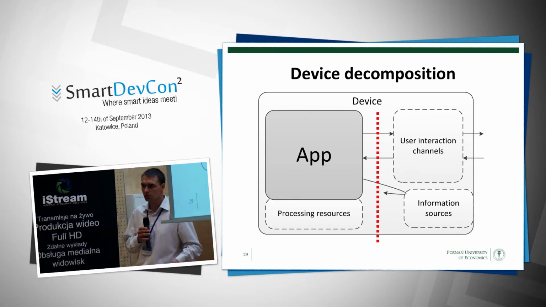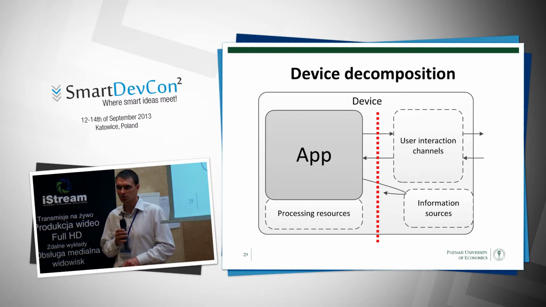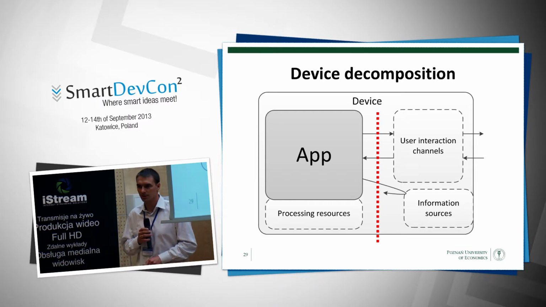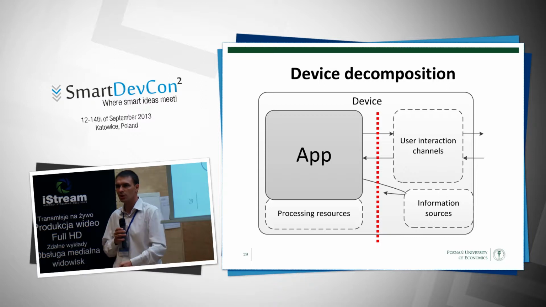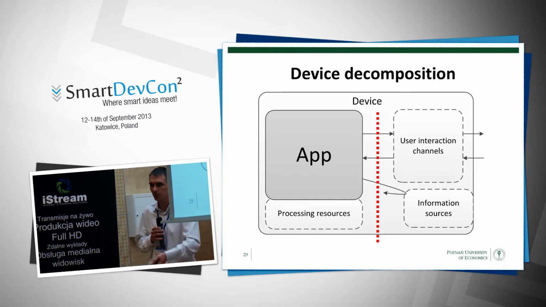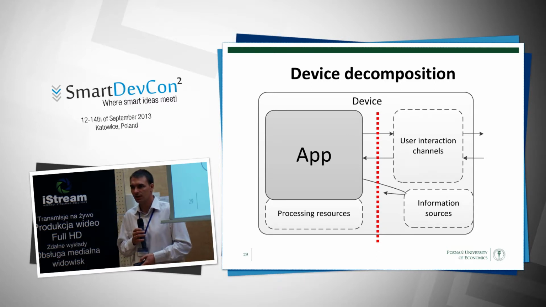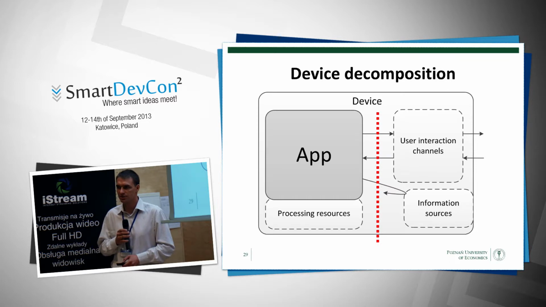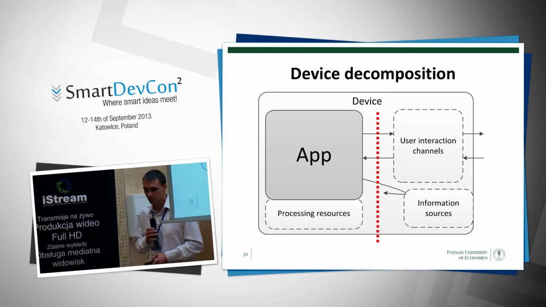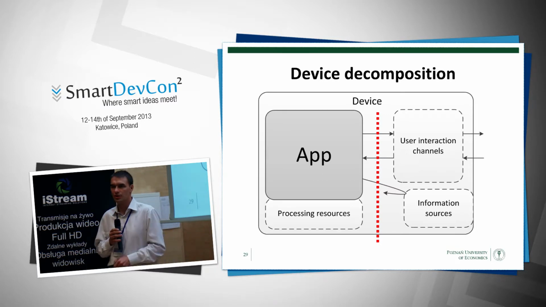The application communicates with the user using different user interaction channels, like a screen to present information, speakers to play some audio, a touch screen to receive gestures, or sensors to sense the orientation of the device, or different gestures done with the hand of the user. So those are user interaction channels, in and out.